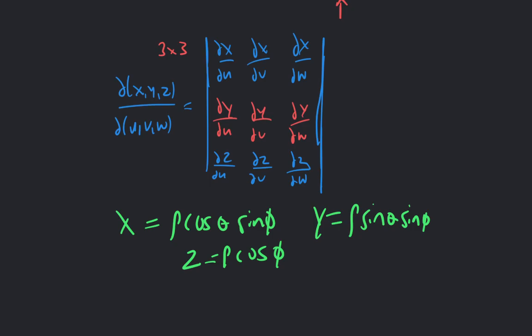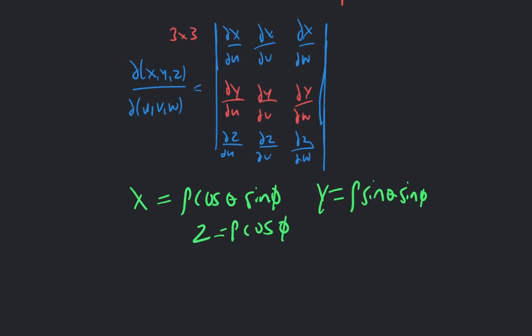Compute all of these partial derivatives, plug it into the matrix, and take the determinant, we're going to end up with the Jacobian equal to rho squared sine of phi.